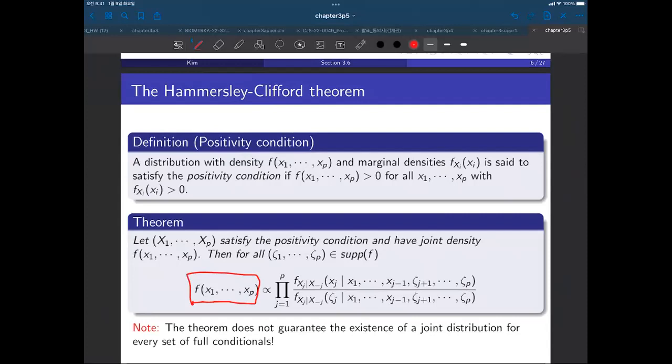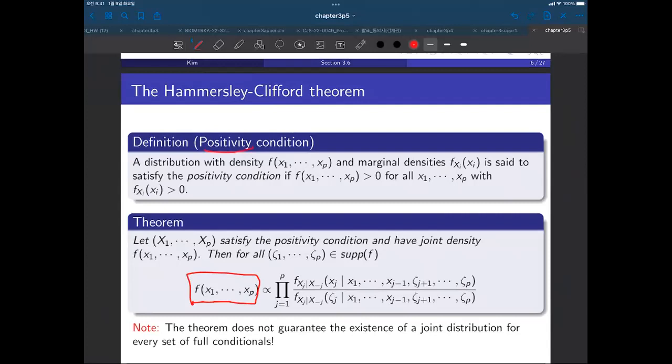So this theorem gives us a set of conditions under which we can achieve the answer to the first question. There are some conditions, like a positivity condition.